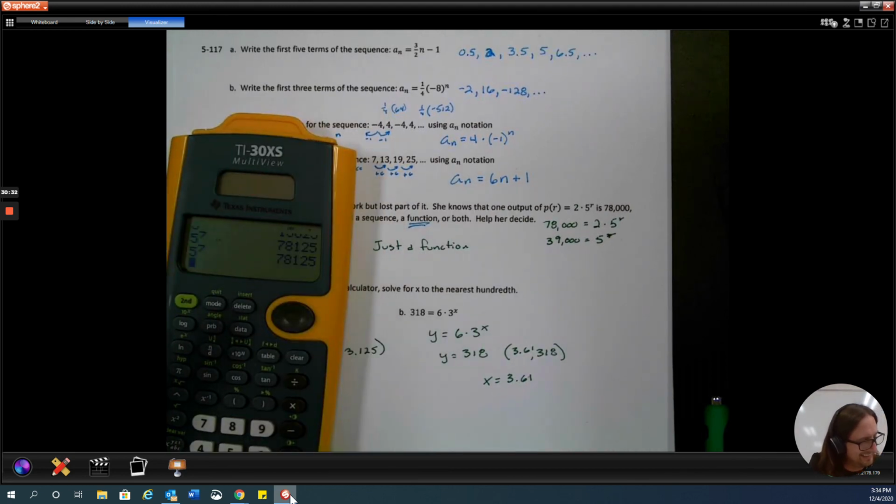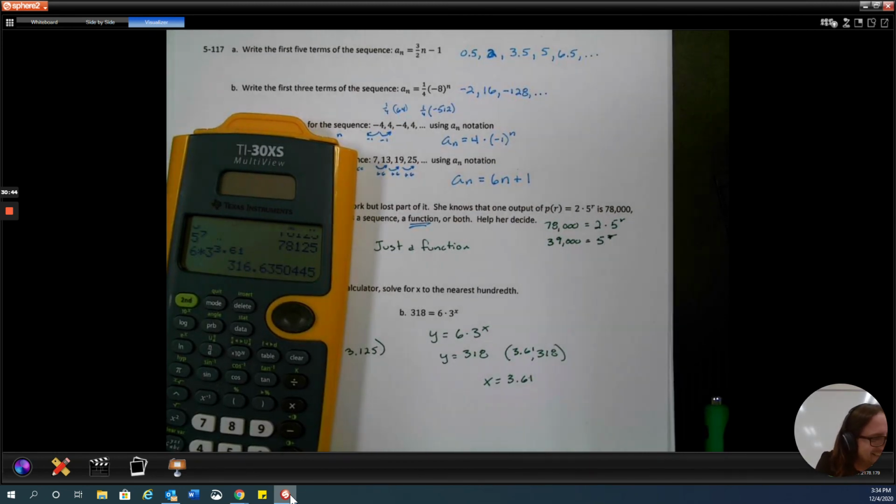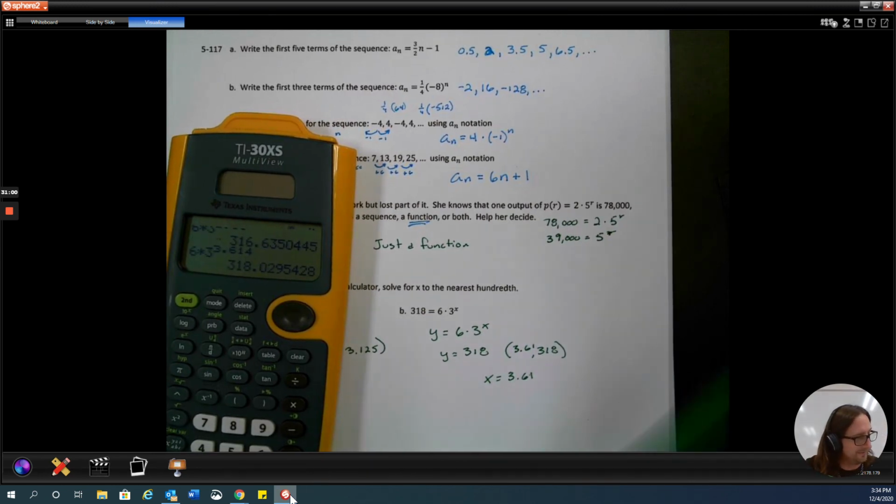So 6 times 3 to the 3.61 power. 316, so we'd need to be a little bit more, 3.64. 6 times 3 to the 3.614. Yeah, there we go, 3.614, we'll call it. So x would be 3.614.